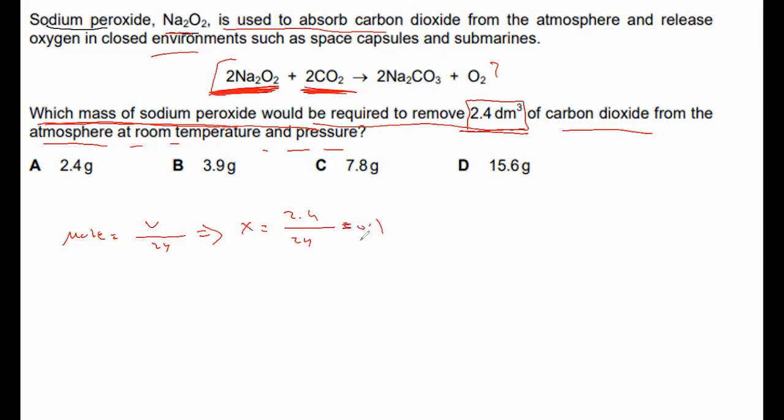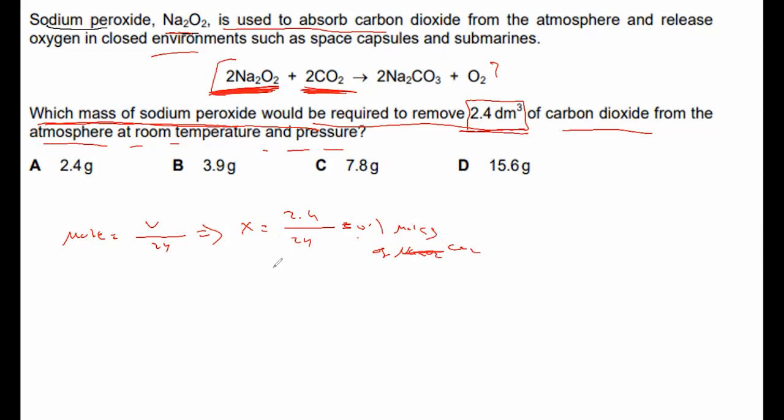So this is, guys, the moles of CO2. Okay, we found the moles of CO2.